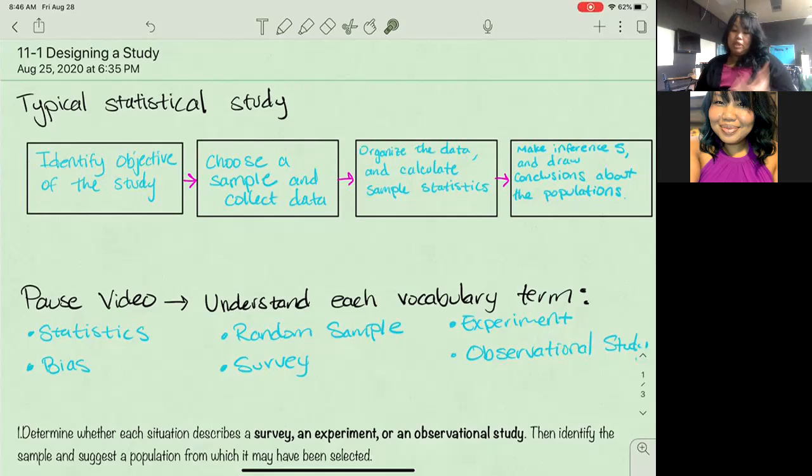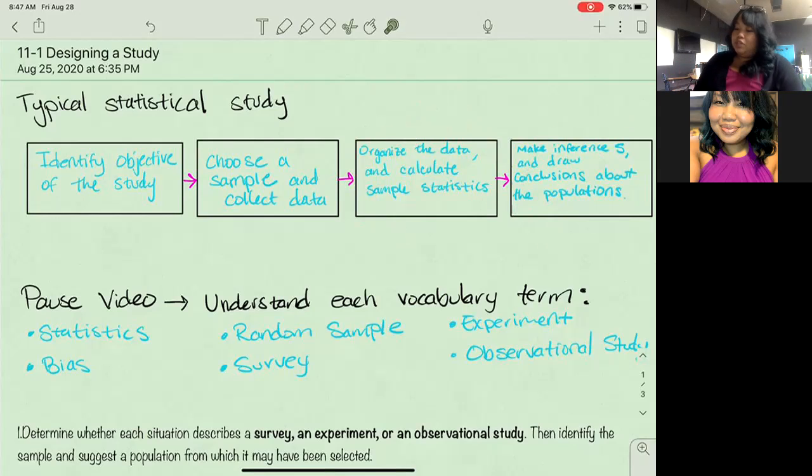So that's what the sample is. Once you figure out that sample, make sure that the samples are a fair representation. So if we're trying to survey parents at the school, we can't just survey the moms. We have to survey moms and dads. And so once you collect the data, then you can organize it, calculate, do your sample statistics, and then you can make conclusions about the bigger population.